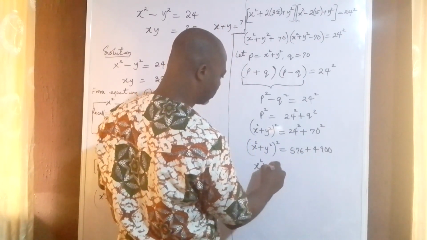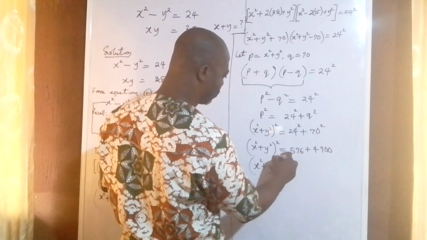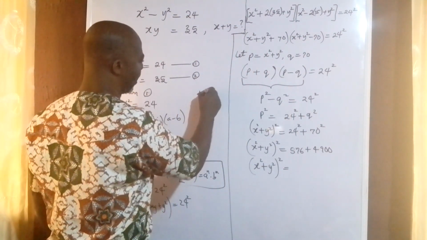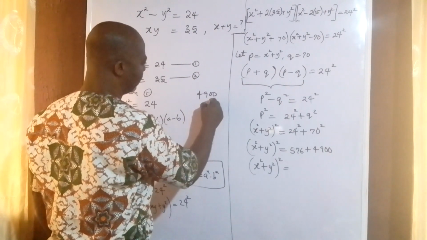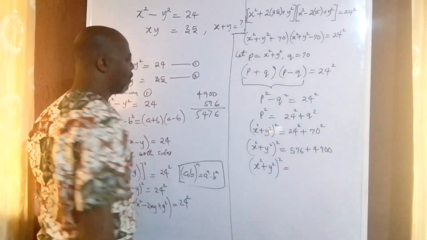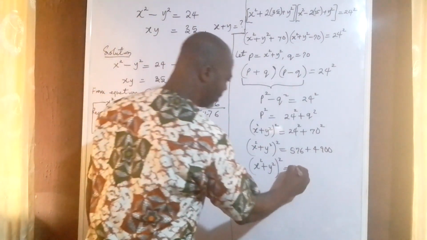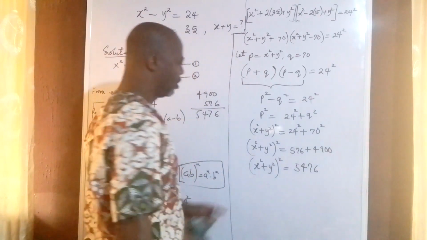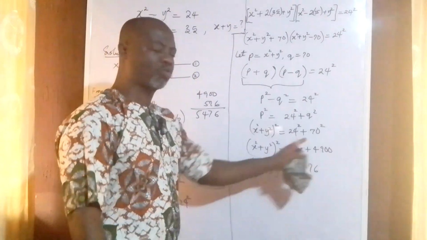So x squared plus y squared all squared will give me 4,900 plus 576, which is 5,476. So I'm going to take the square root of both sides.